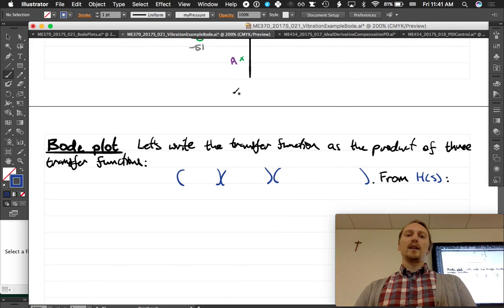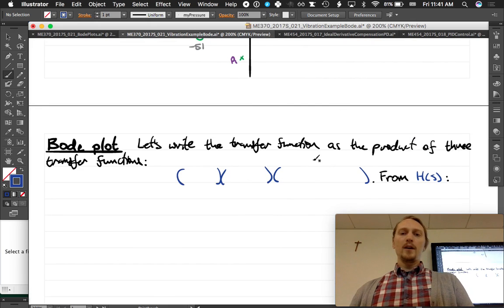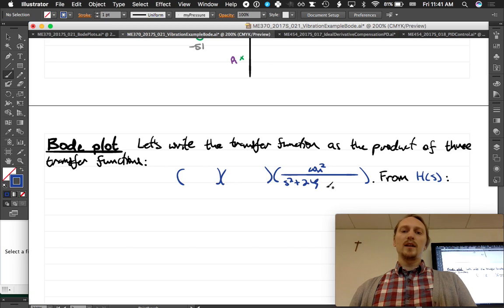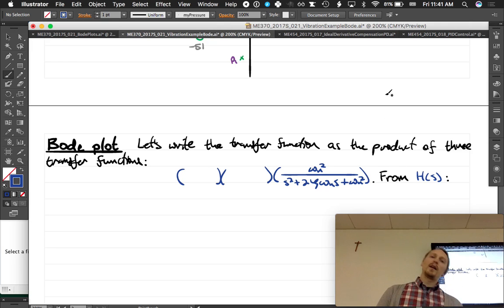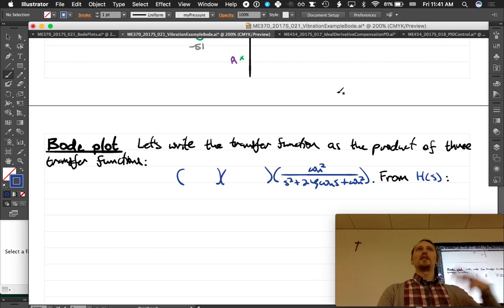We know we need this to be omega n squared divided by s squared plus 2 zeta omega n s plus omega n squared, which it's already in that form in the denominator, right? We just need to have this omega n squared term, which is a constant, in the numerator, which we can totally do.